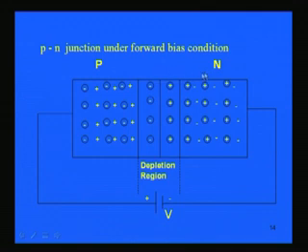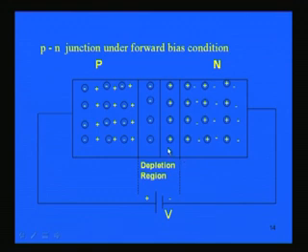If you consider it from the point of view of the built-in potential, we are applying a voltage with plus to the P side and negative to the N side, and our built-in potential has positive on the N side.